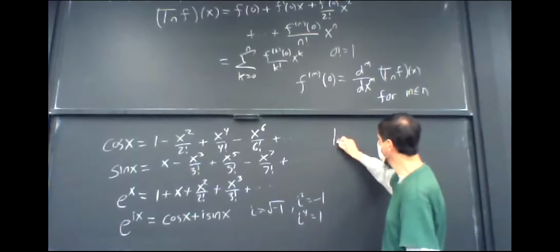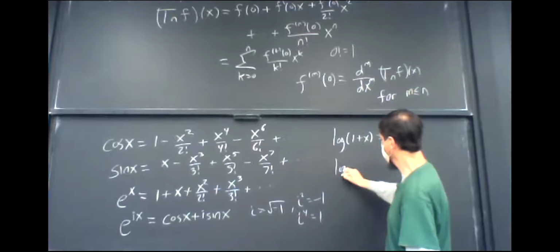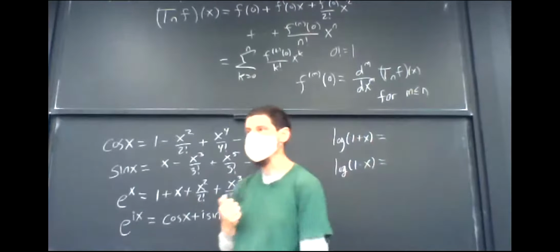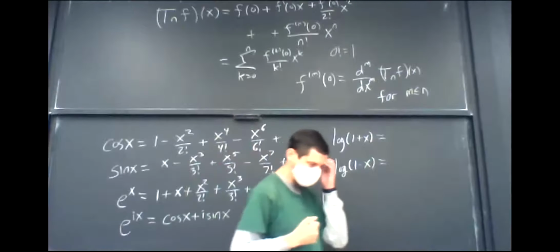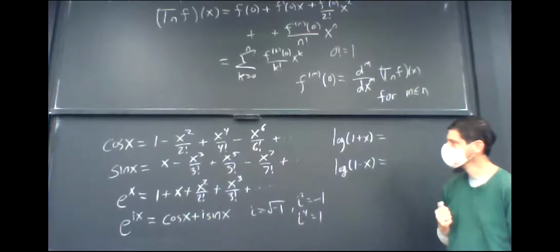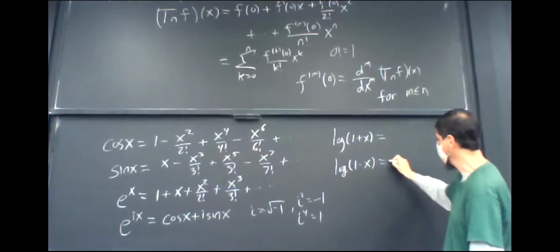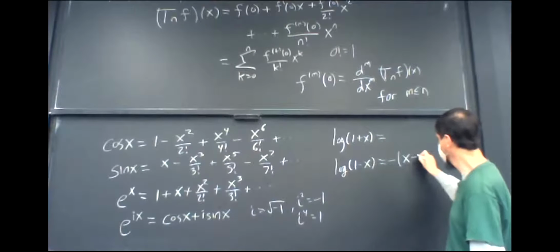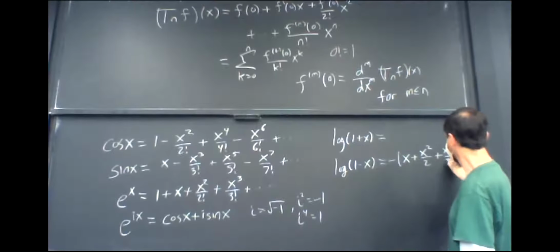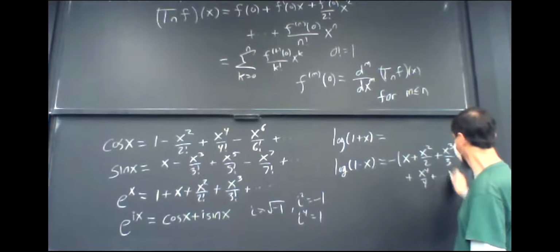There's also in the notes, formulas for the log of 1 plus x and the log of 1 minus x. These are extremely valuable formulas to use. And so I'll just do the log of 1 minus x is negative x plus x squared over 2 plus x cubed over 3 plus x to the 4th over 4.